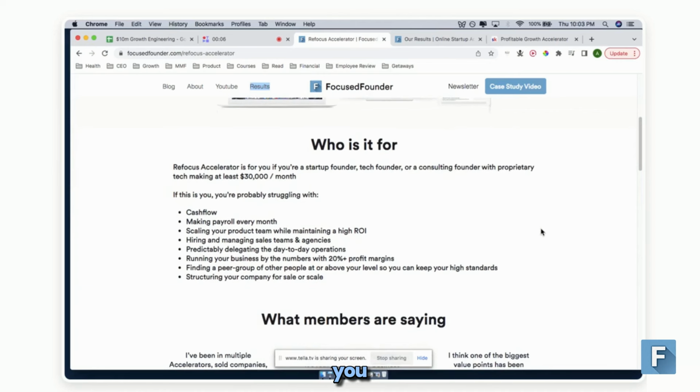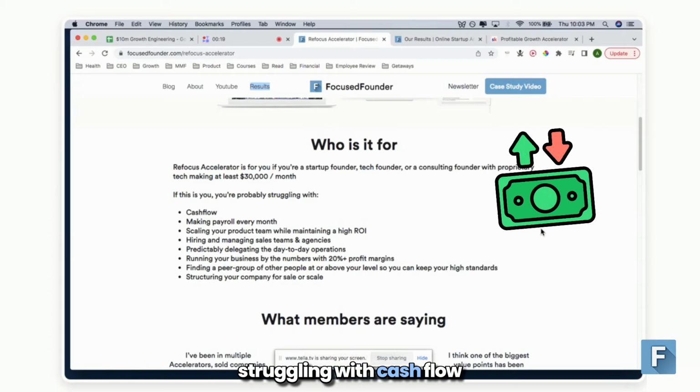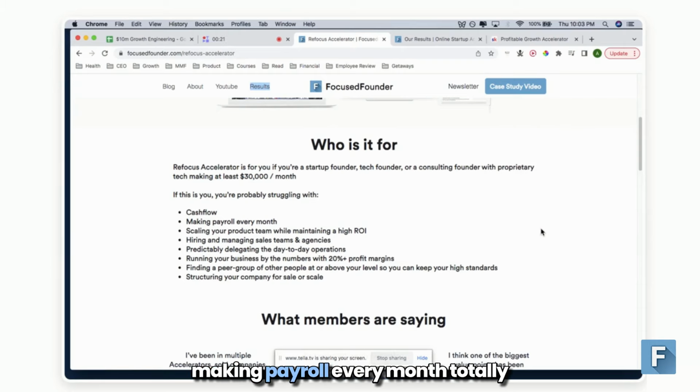So if you're wondering if this is for you, this is specifically for startup founders, tech founders, or consulting founders with proprietary tech that are making at least $30,000 a month. And if that's you, you're probably struggling with cash flow, and you're probably struggling with making payroll every month. Totally normal to go through that. You're probably struggling with scaling your product team while maintaining a high ROI.